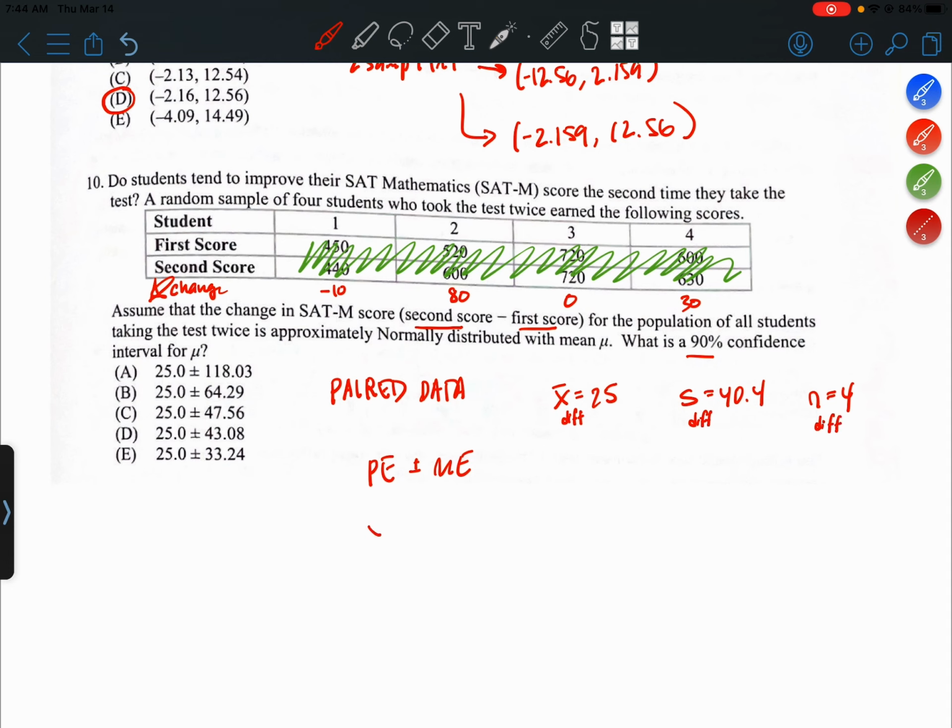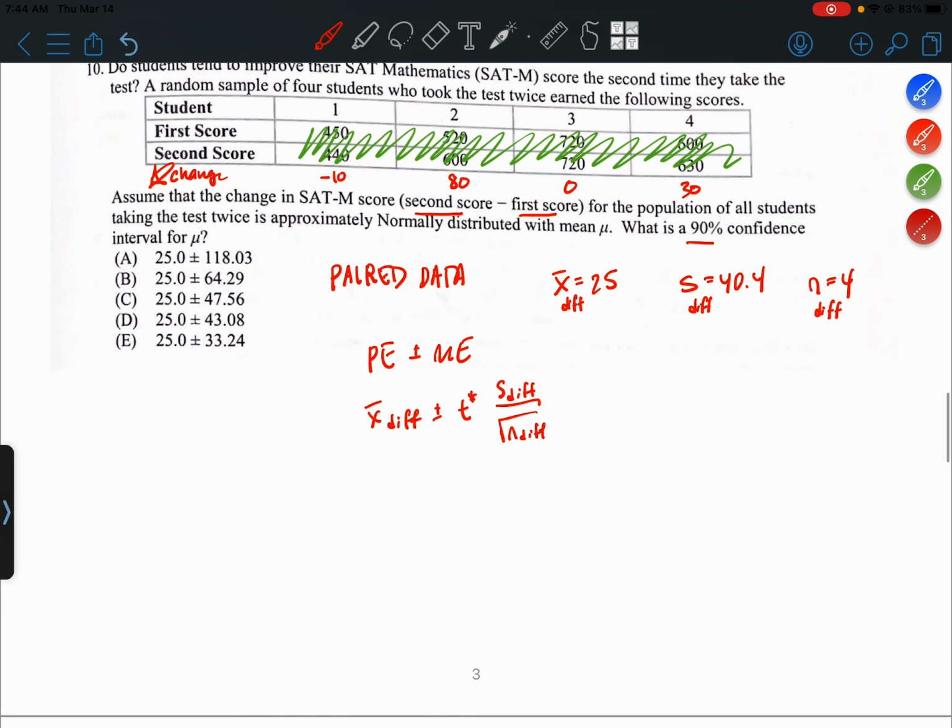So it'd be x bar diff plus or minus some critical value from the t-distribution times s diff over the square root of n diff. Me personally, if you don't write the subscript diff, it doesn't change the calculations at all. We just write the subscript to remind ourselves that this is an analysis about the differences. So this is going to be 25 plus or minus.